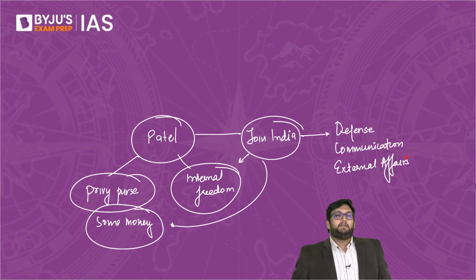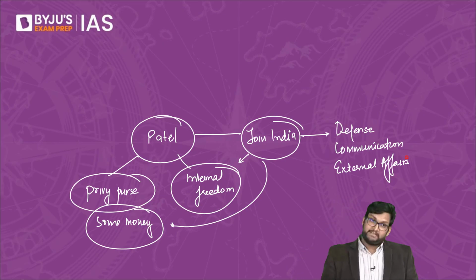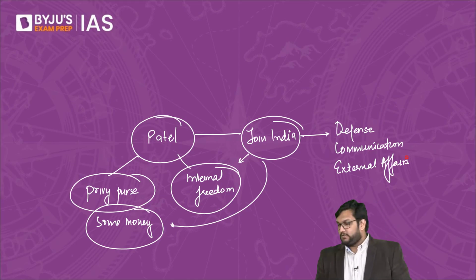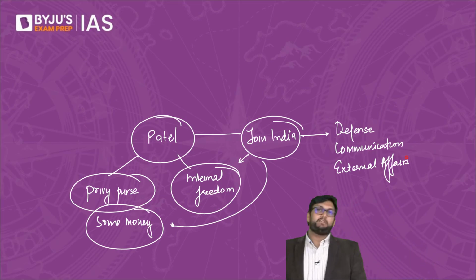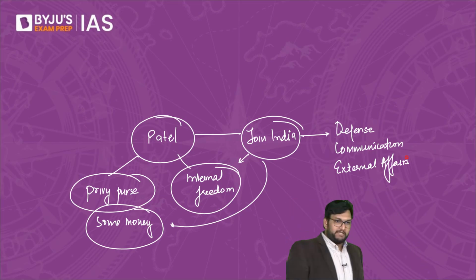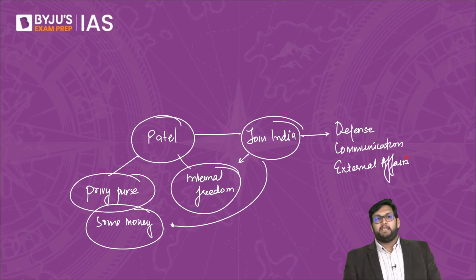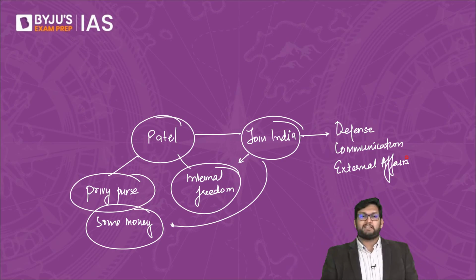So Patel technically has modified the concept of paramountcy, and he is saying that you join India and I am ready to give you internal freedom. I am ready to give you some money under privy purse in exchange for defense, communication, and external affairs.